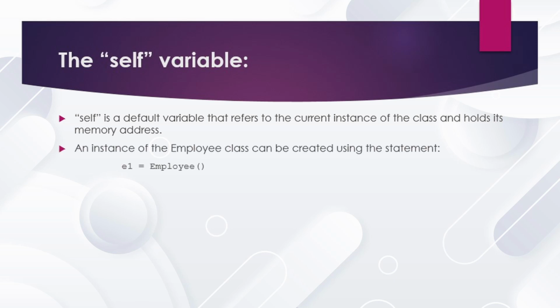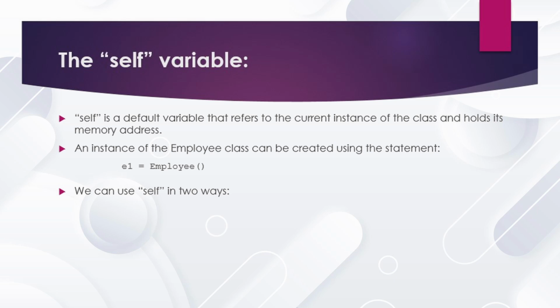An instance of the employee class can be created using the command E1 equal to employee. In this case, E1 holds the memory address of the newly created object. This address is automatically passed to the self variable.